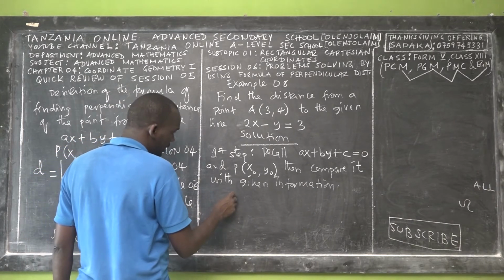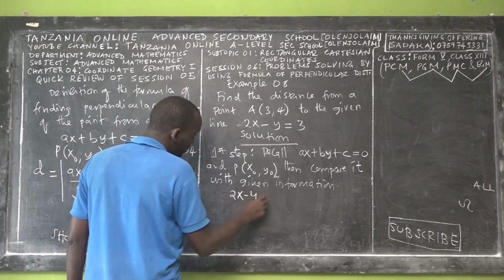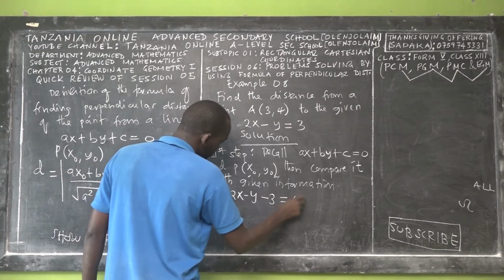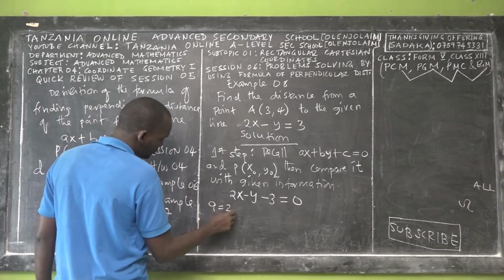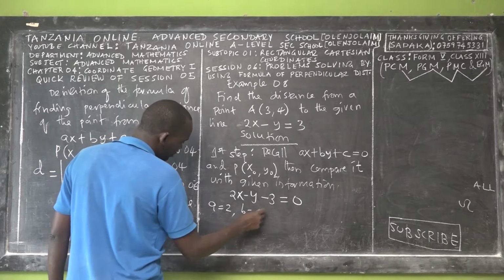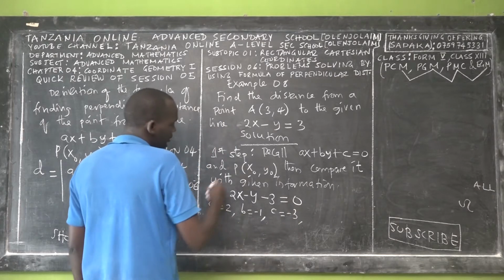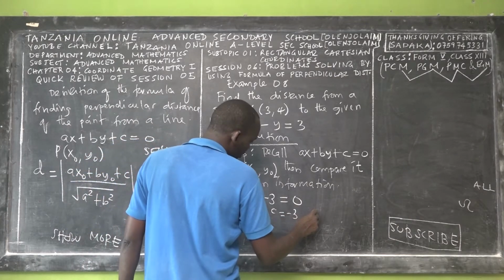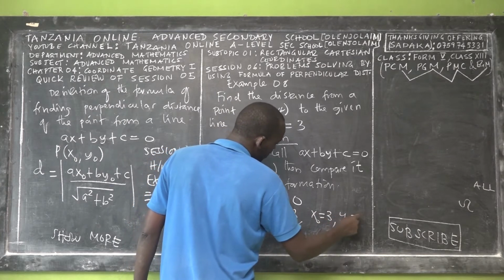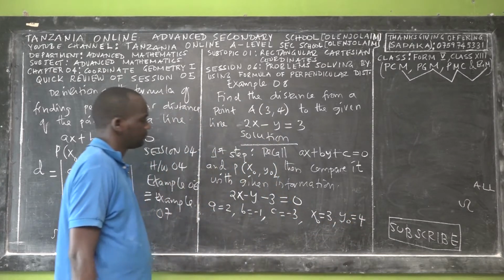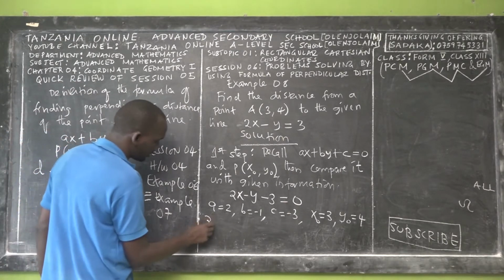You'll be given a line which is 2x minus y minus 3 equals 0. So if we compare, we find that a is equal to 2, b is equal to -1, c is equal to -3. Then you have P: x naught is equal to 3, y naught is equal to 4. Right, we have sorted out the point. So we go to the second step.